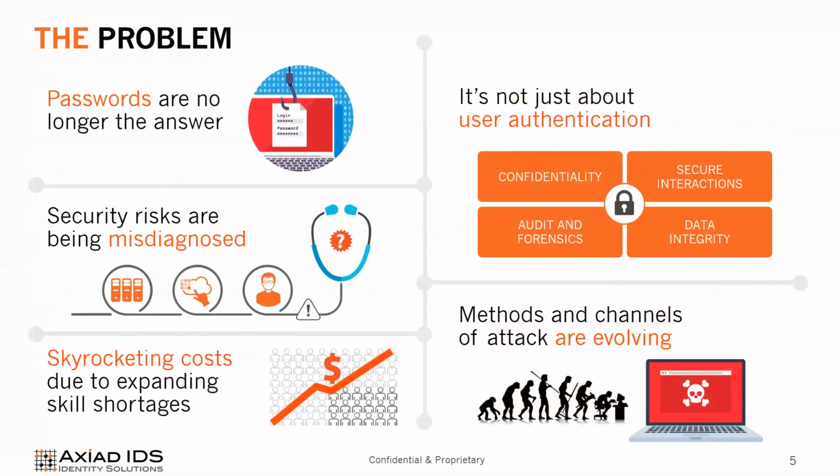It generates new risks. Now users start to write their passwords down or use different passwords across different applications, and sometimes that creates errors in diagnosing what is the key risk that we're really having.